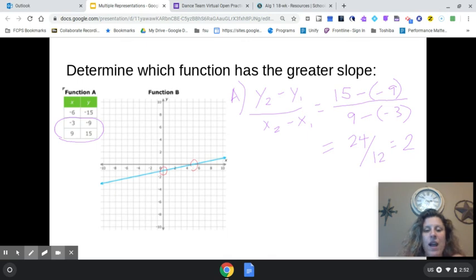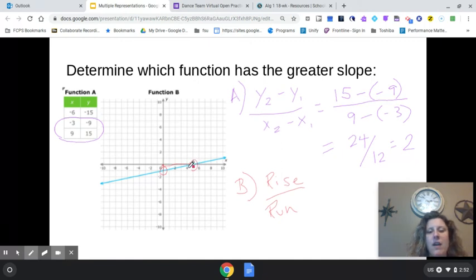Again, when we're finding slope by the graph, we think rise over run. So taking a look at the point that is on the bottom, I would have to rise 1 unit, and I'd have to run 5 units.